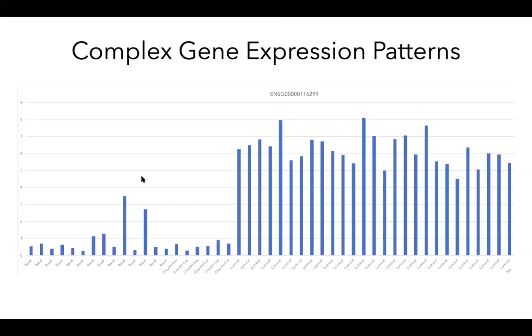So I think that overall, thinking about where you end up after you've gotten your table of expression and you've identified some interesting patterns, in some sense, that's where the project begins.